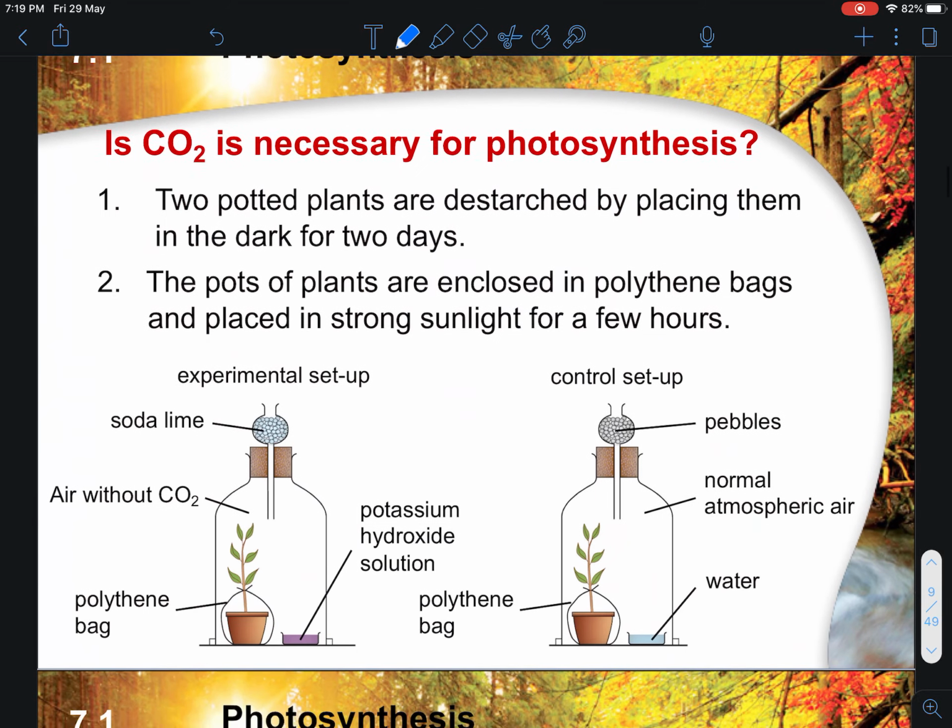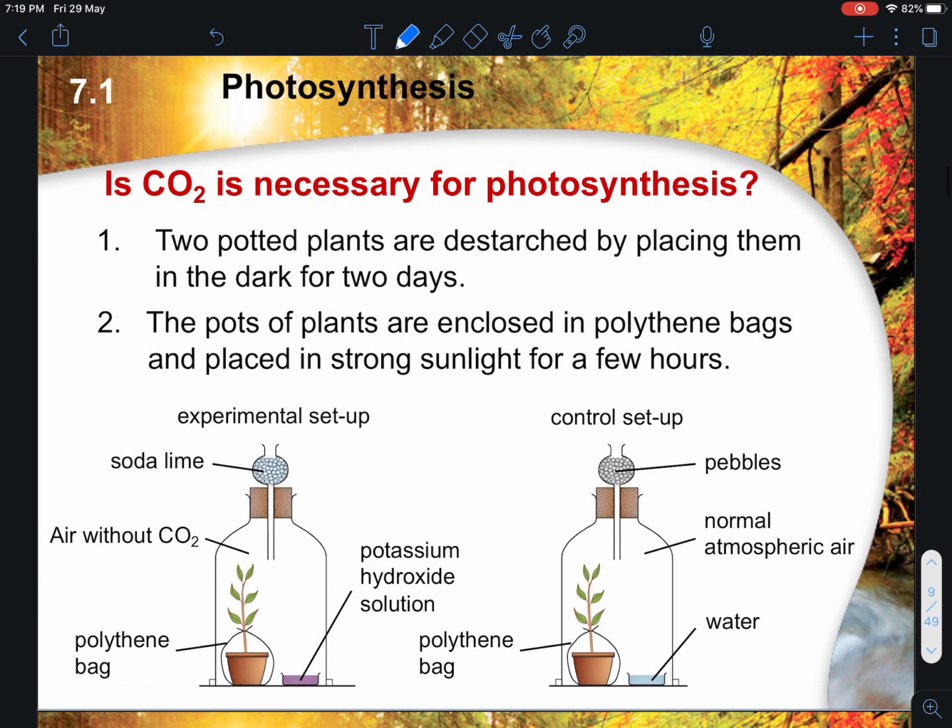So next we test the third condition, whether carbon dioxide is necessary for photosynthesis. You can see through this experiment that there are some areas where you actually use different kinds of control setup.